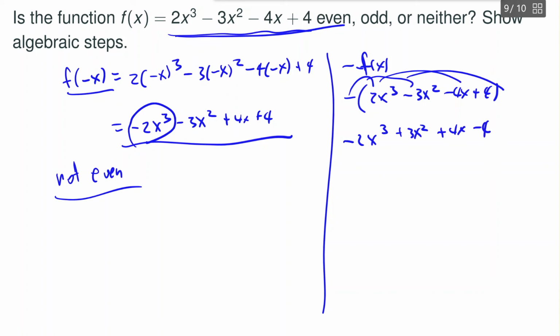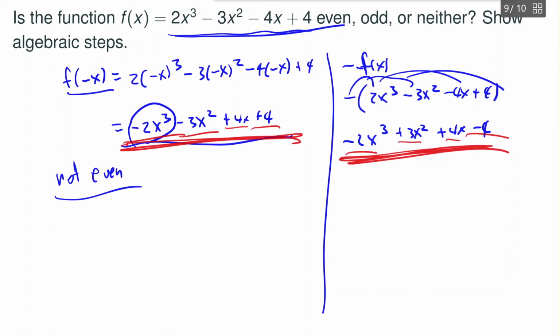And if you look here, this is different from f of negative x. I mean, the first term is the same, but the second term is different. The third term is the same, but the last term is also different. If one term is different, they are different. So it's also not odd. So this is neither. This function is neither odd nor even.